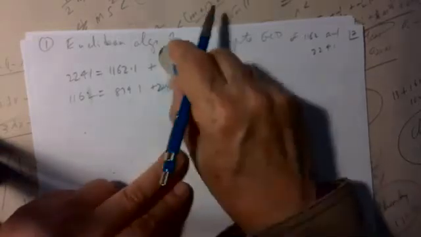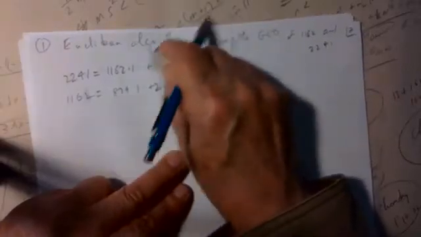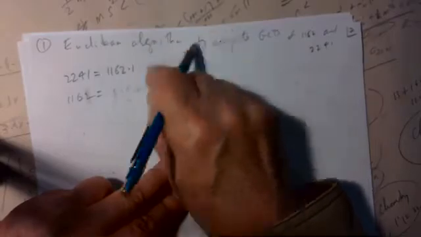Professor, just 1 second. Let me do my arithmetic right. Yeah, that's supposed to be 1079. Yep.